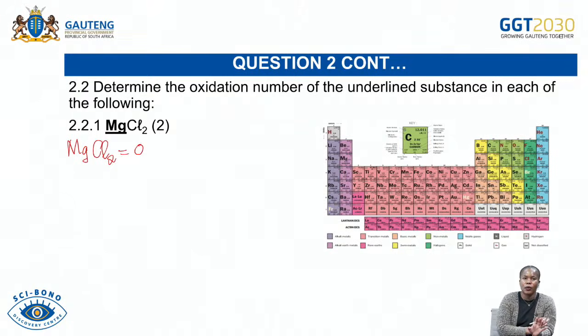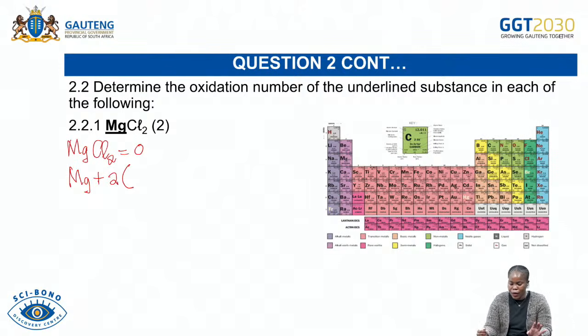Now, the unknown, the one we're trying to find out, is Mg. So it's going to be Mg plus, times 2 atoms of chlorine, so plus 2. Where is your chlorine? Look at your periodic table. There is our chlorine.